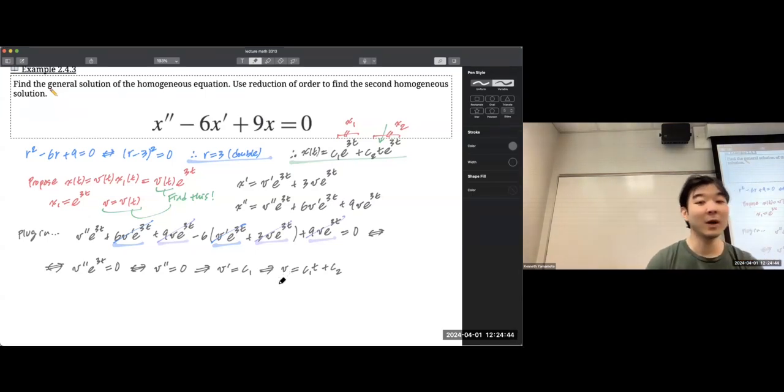One integration gives you one of them, and then another integration gives you this other C2. So we found v. This was the goal. That's why we needed to take the antiderivative twice, because this equation is just v double prime equal to 0. So we integrate and integrate. We need to integrate twice to get to the v that we want.